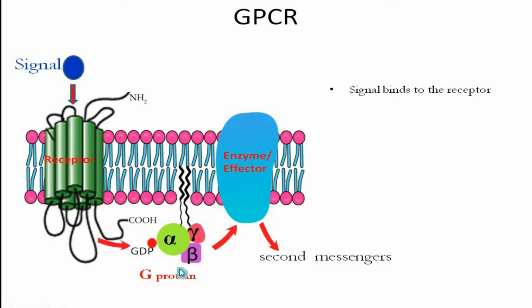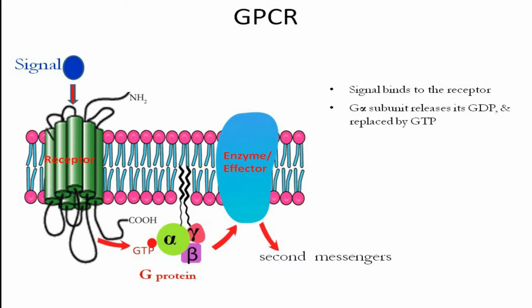It induces the G protein alpha subunit to release its GDP, and it is replaced by GTP. Here GDP is replaced by GTP. And the GTP binding to this G alpha subunit causes a conformation change in the alpha subunit.